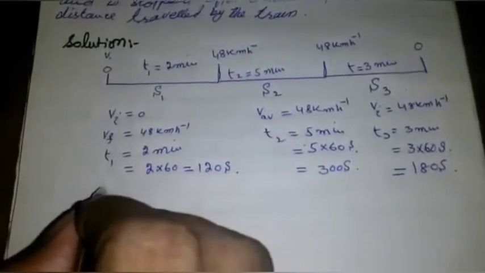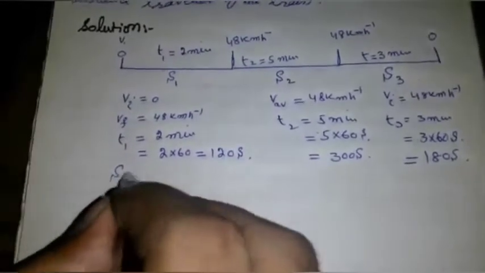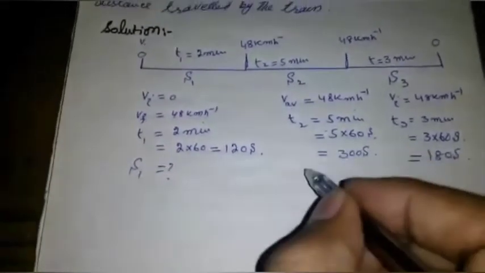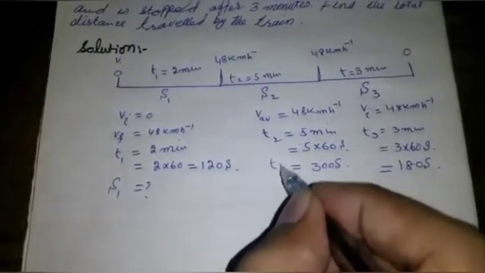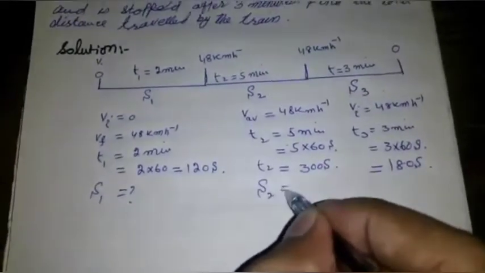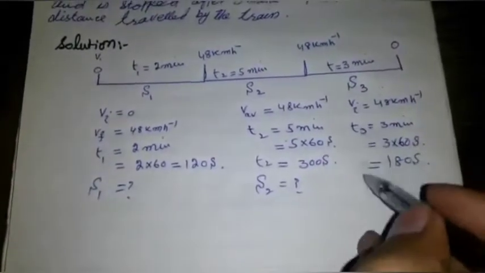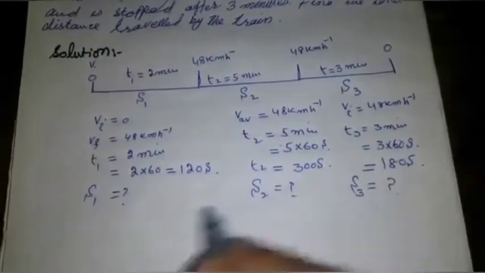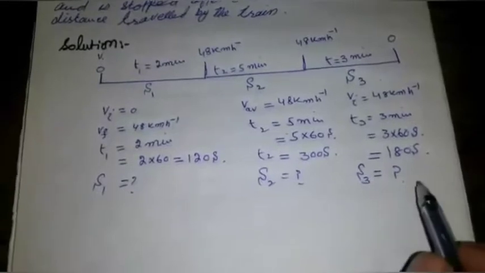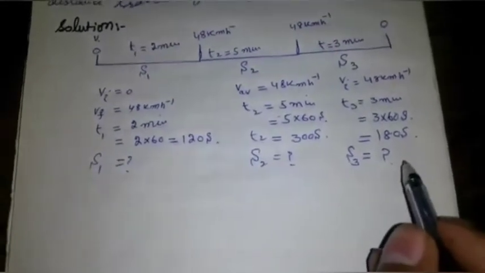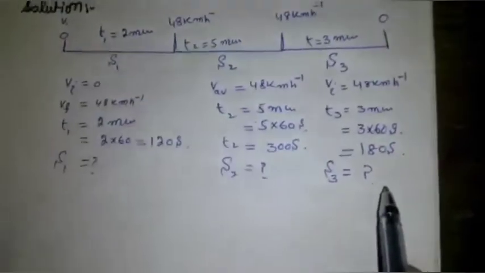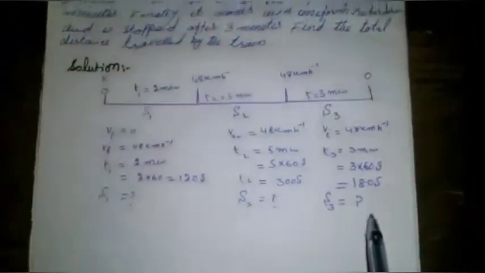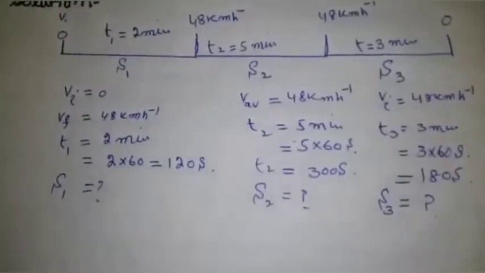We have to find here S1, here we need to find S2, and here we need to find S3. Then we add all these distances traveled by the train, and we get the total distance traveled by the train, which we have to find.